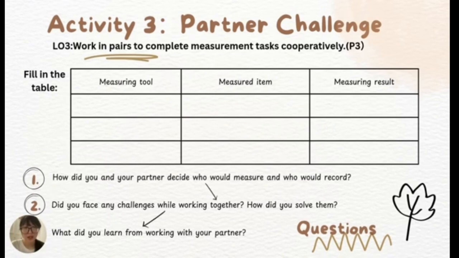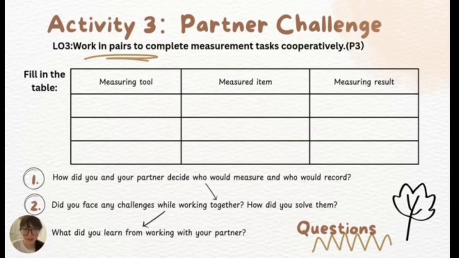This question aims to make students aware of the possible challenges in teamwork and learn to solve problems in a positive way. The third question is, what did you learn from working with your partner? Through this question, students can summarize their experience and prepare for the next cooperation.